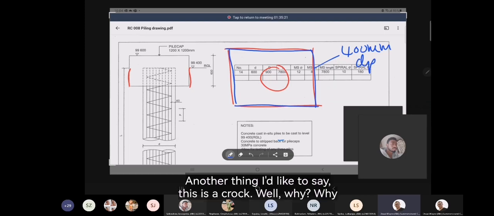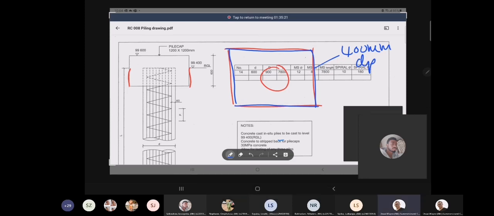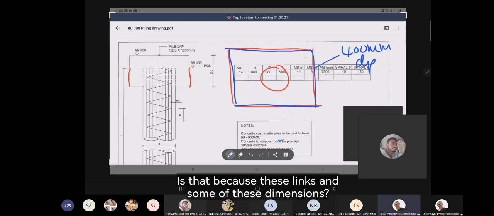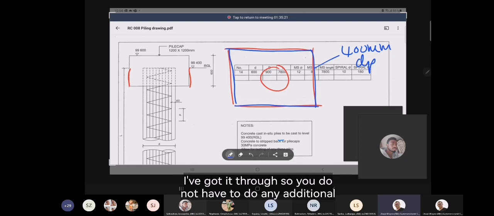Another thing I'd like to say, Mr. Sikwapa, why I also used to do things the way I've been doing it, is that because these lengths and some of these dimensions are carried through. So you do not have to do an additional calculation in order to arrive at certain lengths.